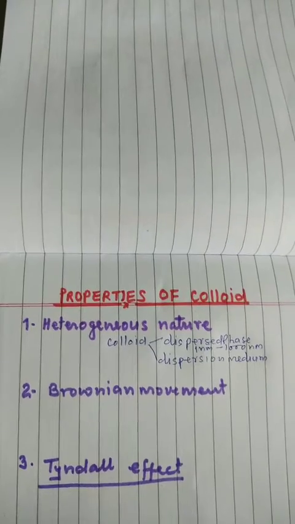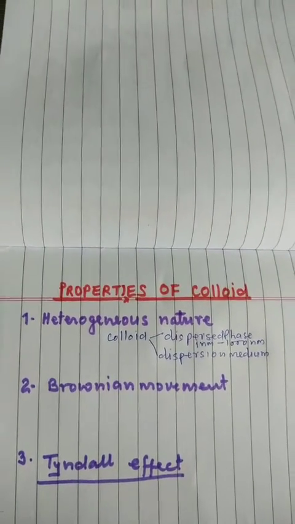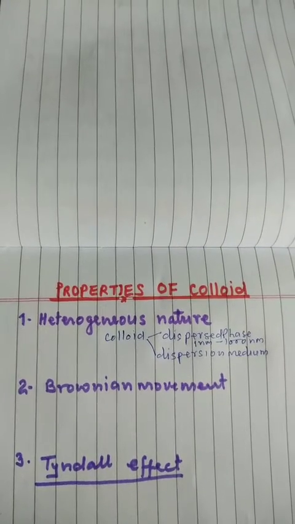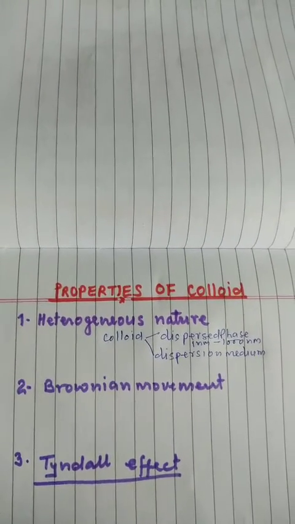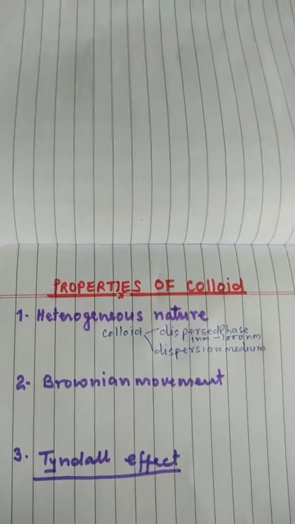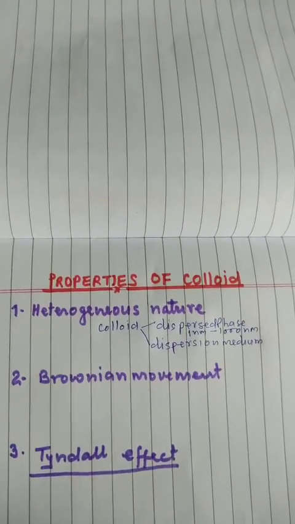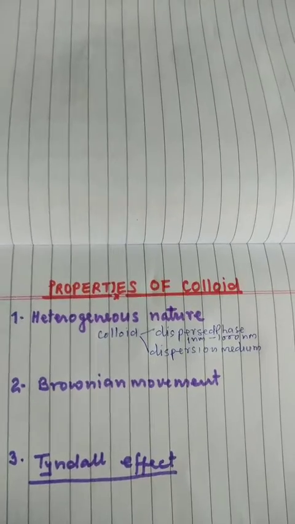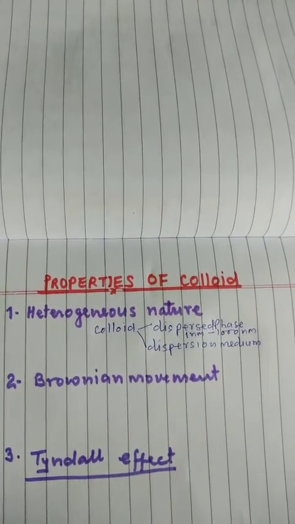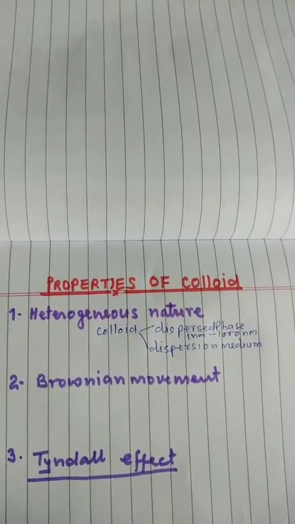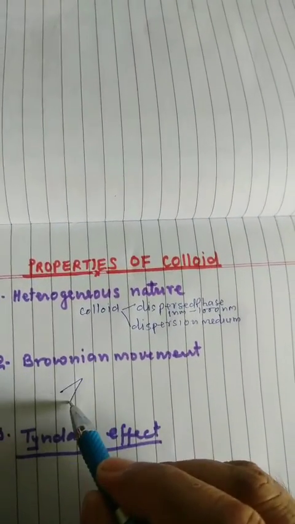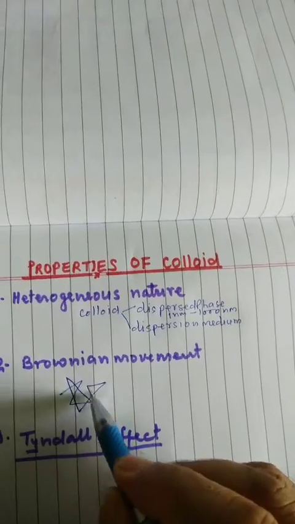So since they collide with the medium particles, a different amount of force is developed on colloidal particle in different directions. Because of this different amount of force, the colloidal particles show zigzag directionless motion.